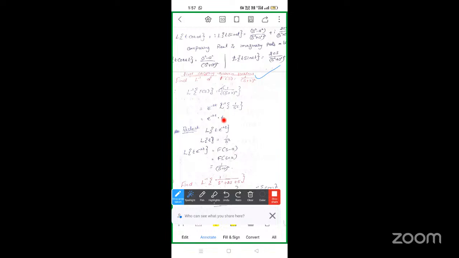Formula: L inverse of 1 by s power n plus 1 is equal to t power n by n factorial.